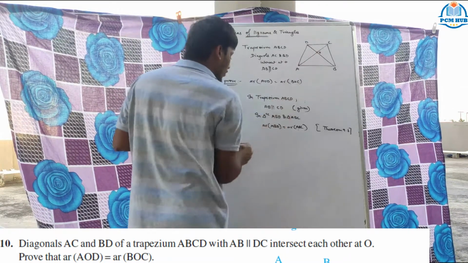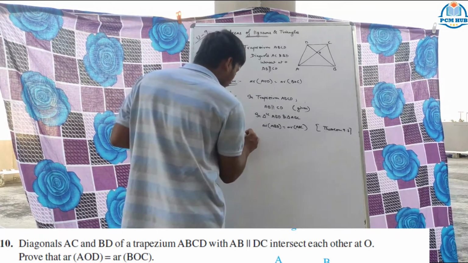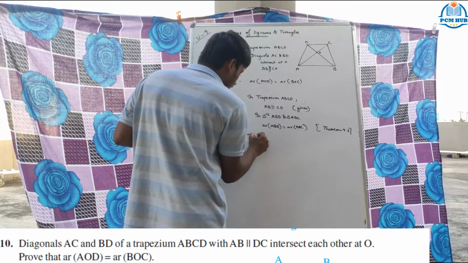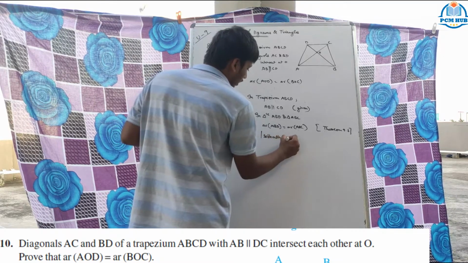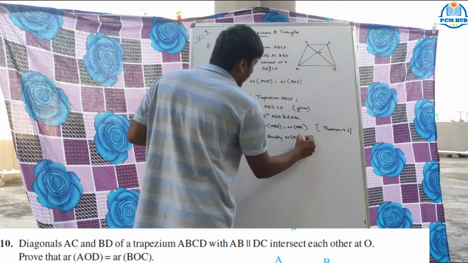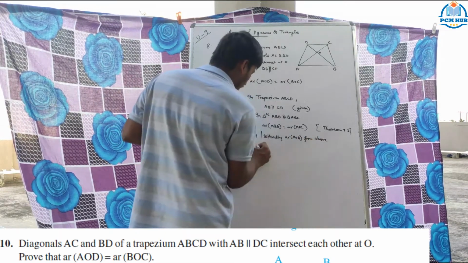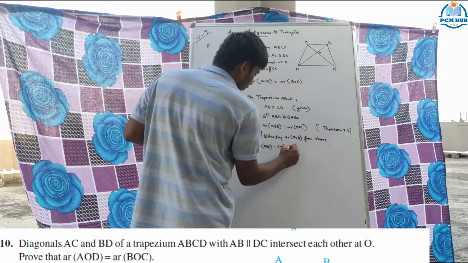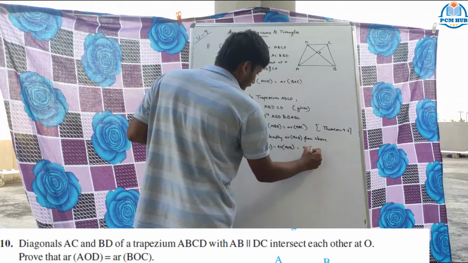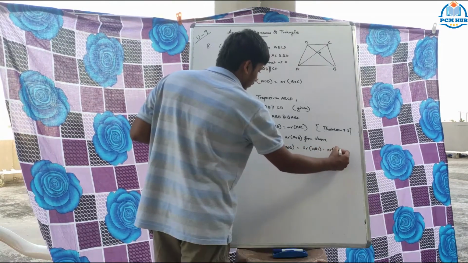Now area of AOB is common in that. So removing, or you can write subtracting, area of AOB from above, you will have area of ABD minus area of AOB equals area of ABC minus area of AOB.